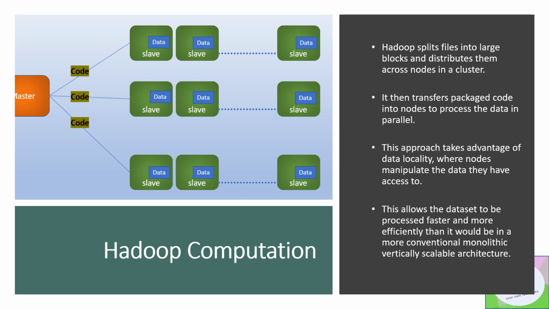At any point in time you can add more nodes in the cluster if your data is so huge and you require more resources for your computation. And all these slave machines are simple commodity hardware, so that makes it much more cost effective and economical, and at the same time the entire Apache Hadoop system is absolutely fault tolerant.